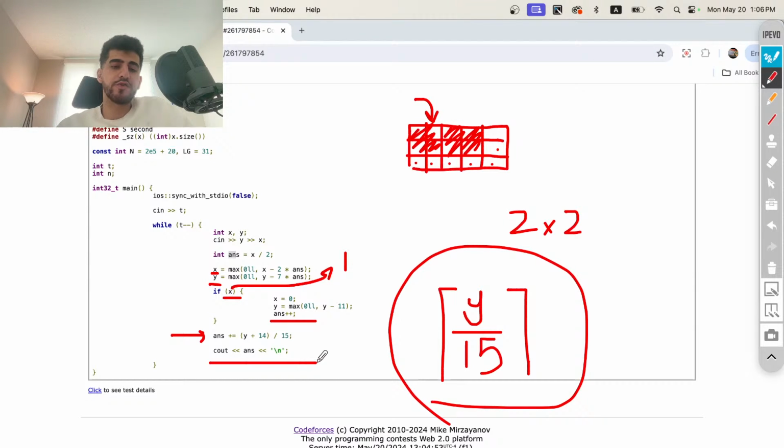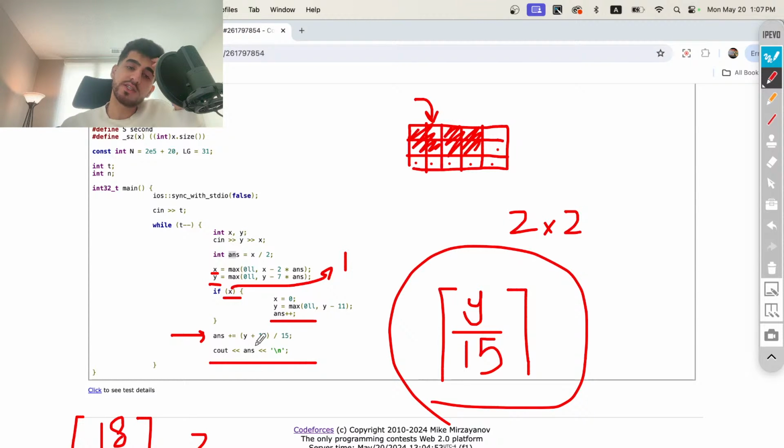Yes, y plus 14 is because I want to calculate the ceil of y divided by 15. So for example, if y is 18, the ceil of 18 divided by 15 is 2. It's the first integer greater than 18 divided by 15.